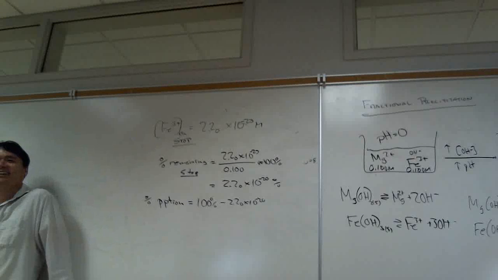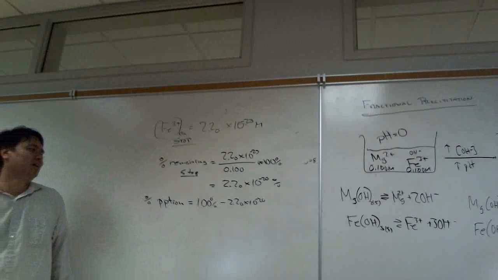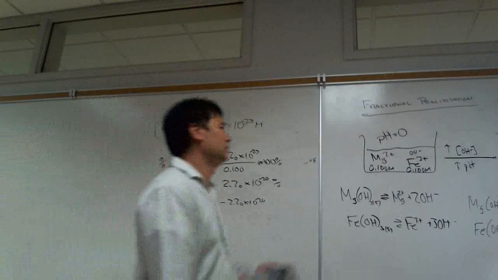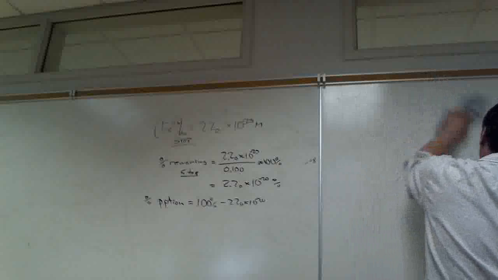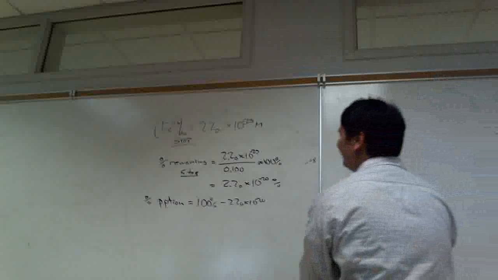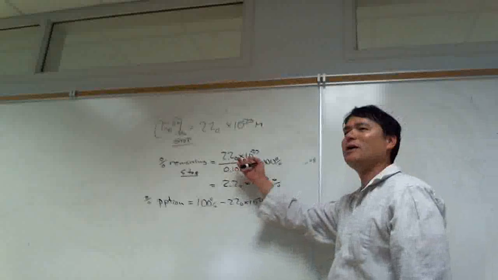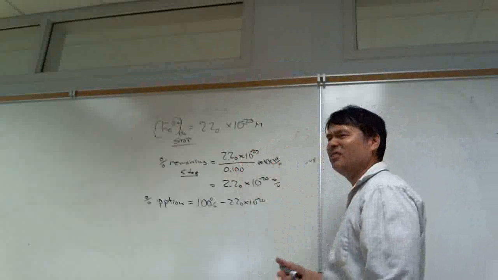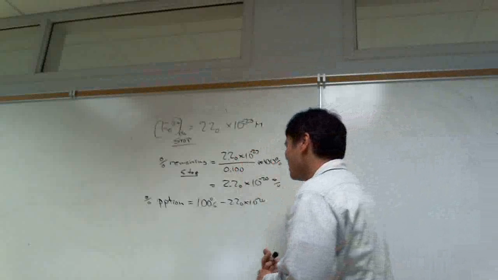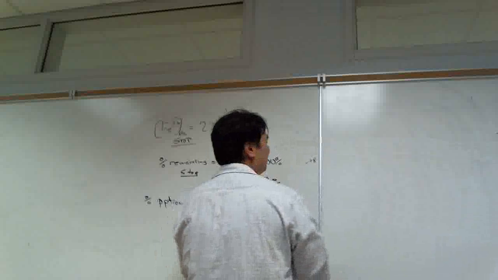Your calculator's not good enough. Well, this is so little remaining. 10 to the minus 23 molar is nothing, right? And so essentially it is 100%, but let's go ahead and calculate what it is.